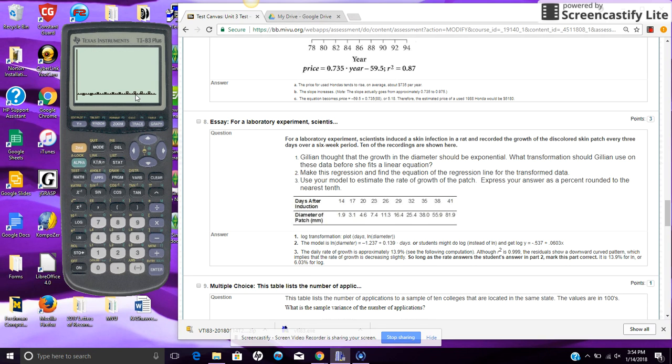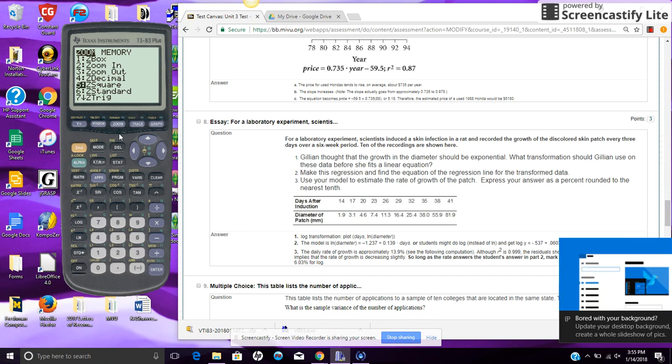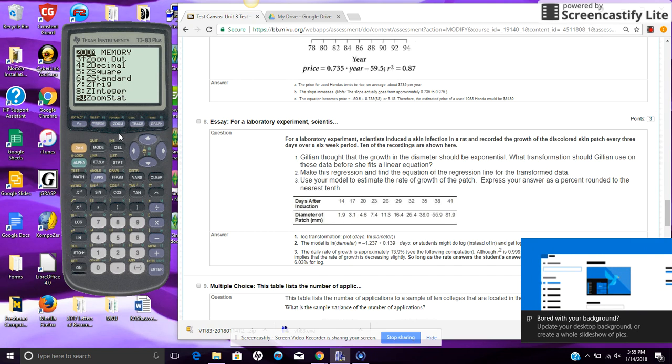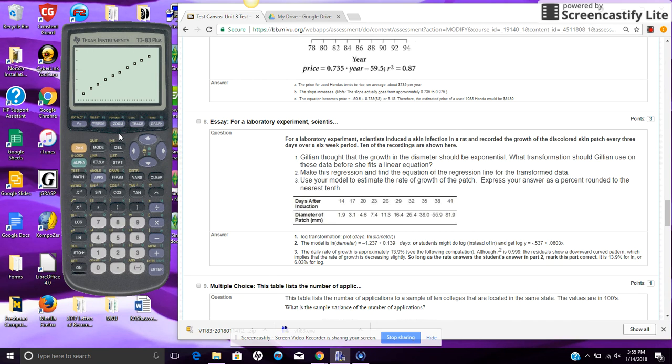When I first look at this graph, I can see that it's hard to tell whether or not it's really linear. So I'm going to go zoom. Zoom stat is what I want. So now we can clearly see that it's linear. So that takes care of doing the plot. Now we can get to the rest of the problem.